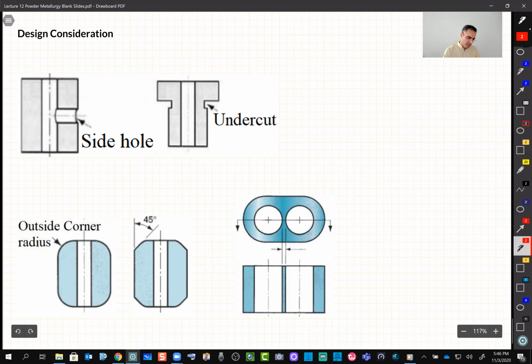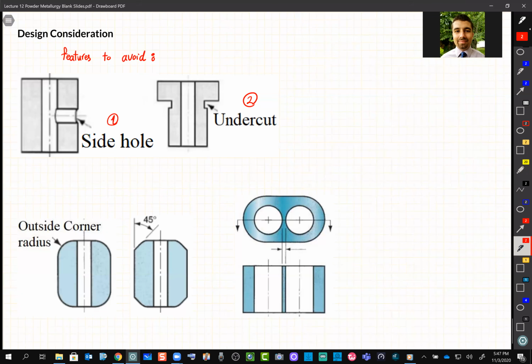So these are the features to avoid. One is the side hole, and the second one is undercut. Do you know why we need to avoid these features? Because you need to be able to mold it easily from the top and bottom only, basically.